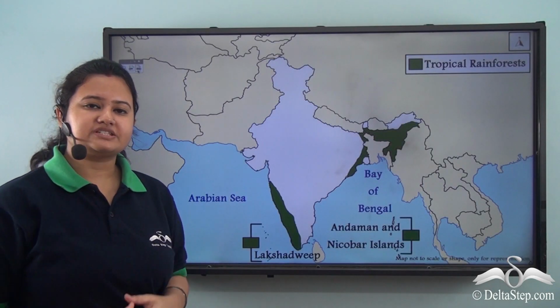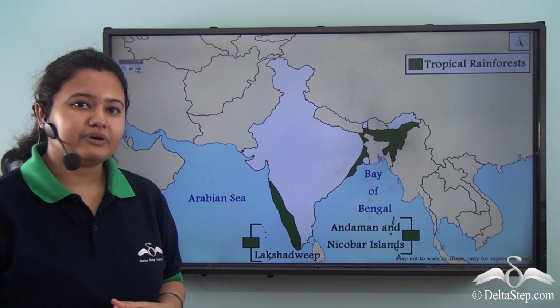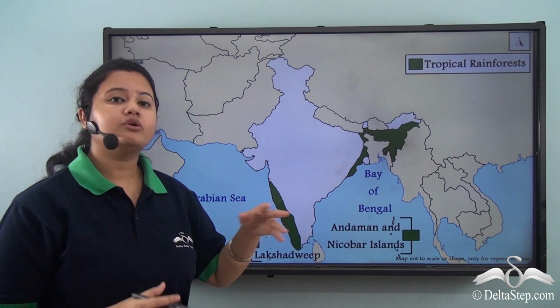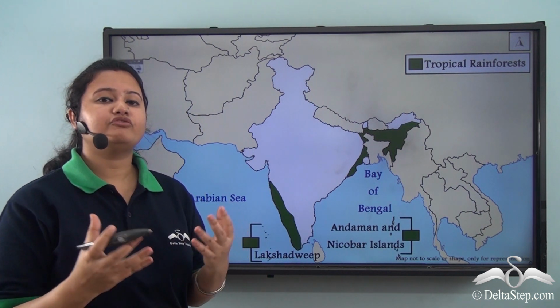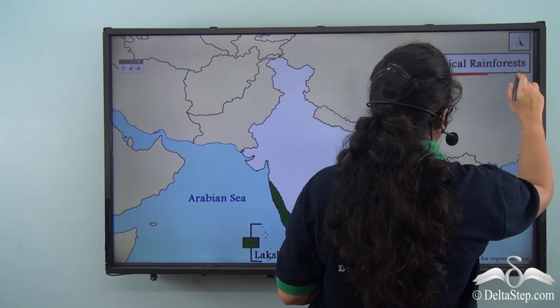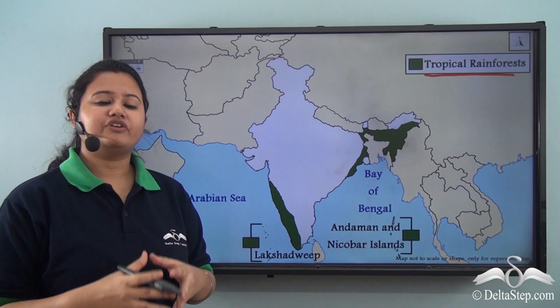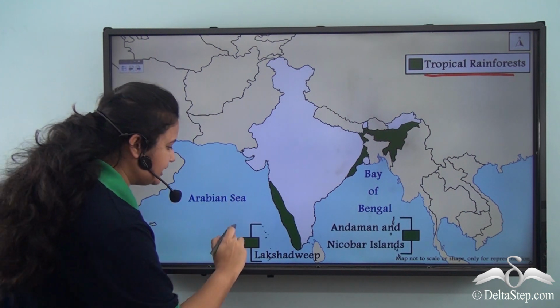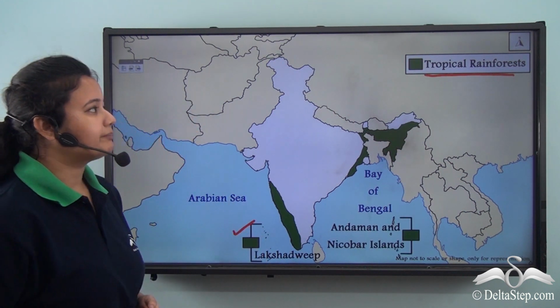As mentioned just now, the tribal people live in the forest of Andaman and Nicobar Islands, and the type of vegetation found here is tropical rainforest. This type of vegetation is also found in the other island of India, that is Lakshadweep.